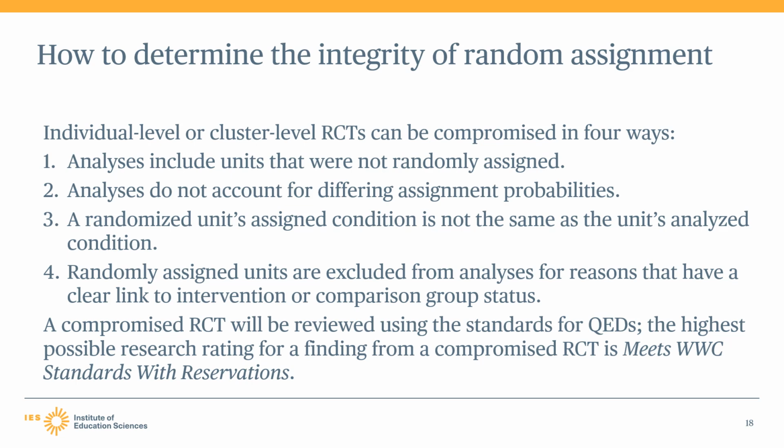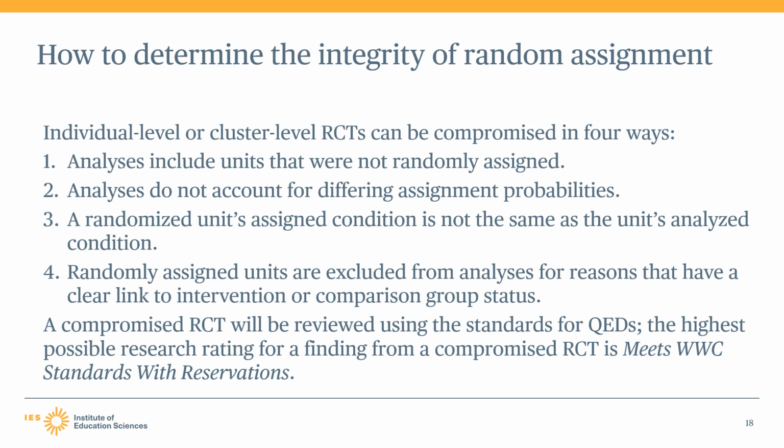Individual level or cluster level RCTs can be compromised in 4 ways. First, an RCT is compromised if the analyses include units not randomly assigned to conditions. However, it is important to note that cluster level RCTs sometimes include individuals in the analysis sample who were not present in the clusters at the time of random assignment.